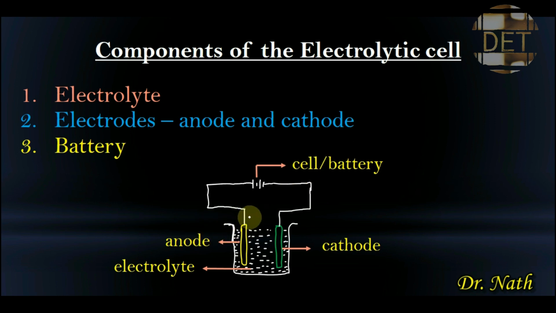This is the anode, which is the positive electrode, and this is the cathode, which is the negative electrode. The solution here is the electrolyte that helps in conduction of the electric current from the anode to the cathode. These are the components of the electrolytic cell.